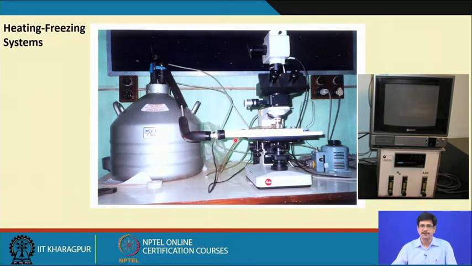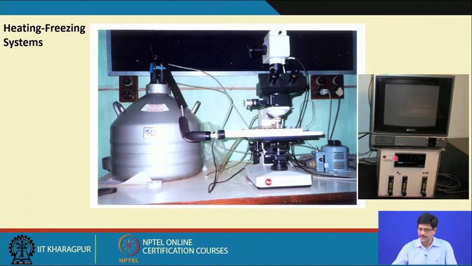The way this system works is that the attachments for heating and freezing are different. Once the freezing work is completed, the cold nitrogen gas delivery tube is detached and the hot compressed air tube is attached, and the heating is done.